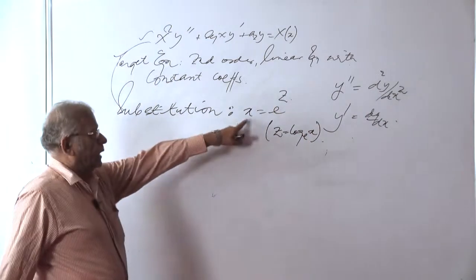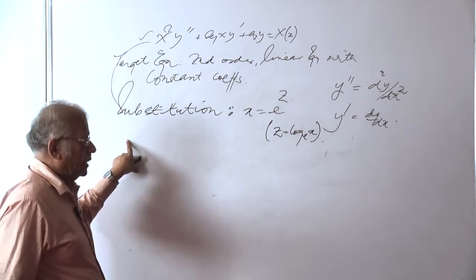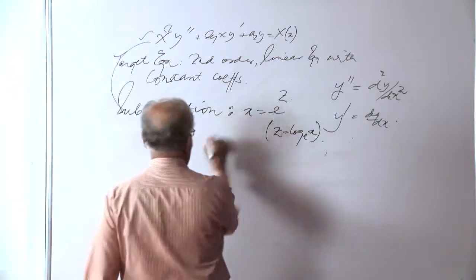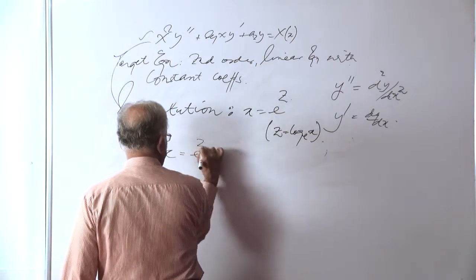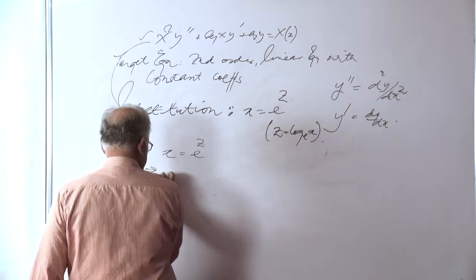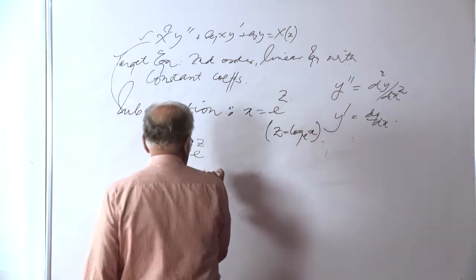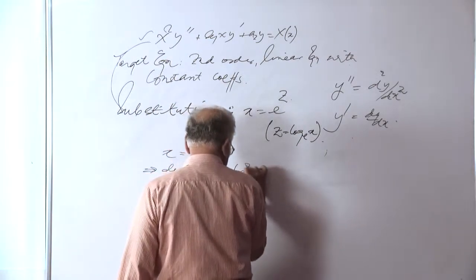Once we do that, let us find out what are the expressions for dy dx and d2y dx2. We'll do it one by one. Now, x is equal to e to the power of z.